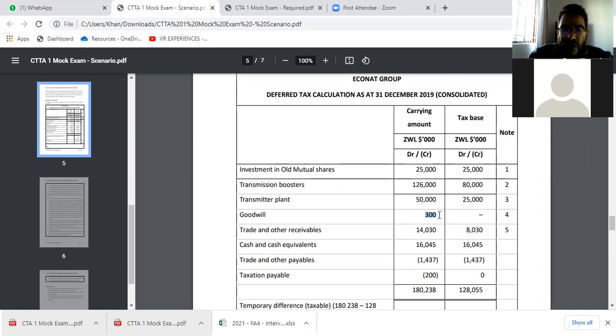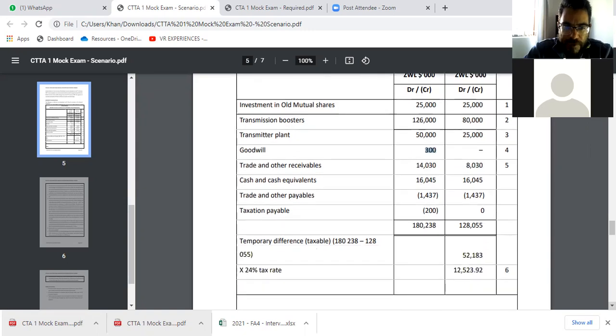There's no goodwill from a SARS perspective, but we have goodwill from an accounting perspective. But remember, for our purposes, goodwill does not attract deferred tax. Only the impairment on goodwill would, but goodwill without impairment does not have a deferred tax implication. Just be aware of that.